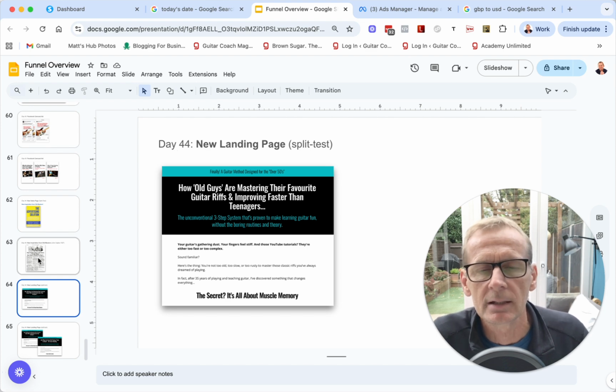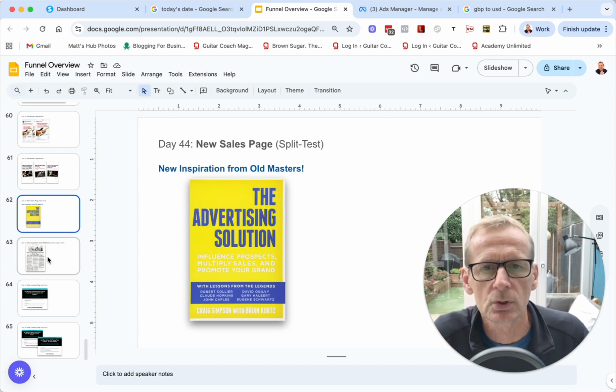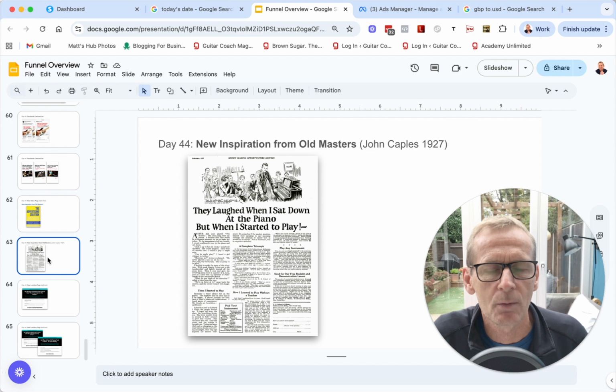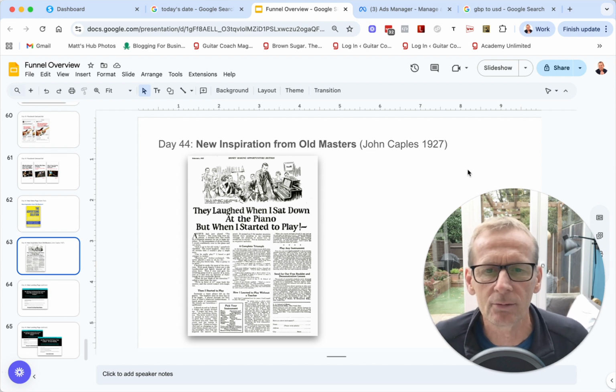As I said, reading the book The Advertising Solution brought my attention to an ad I was aware of a few years ago but never tried and tested. This is the ad that made John Caples, the famous writer, back in 1927. I think it really set his career off.